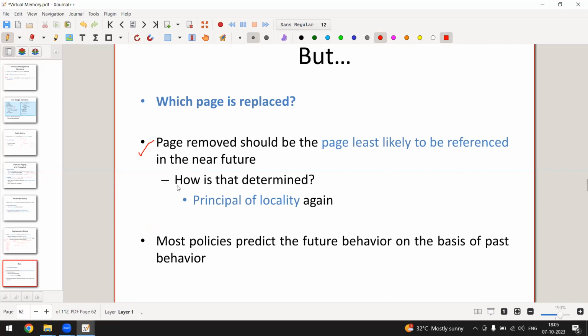So it's not a good idea to replace a page which is referred in the near future, or near past. Deciding on this, you have multiple algorithms, but you have to keep the principle of locality in mind.